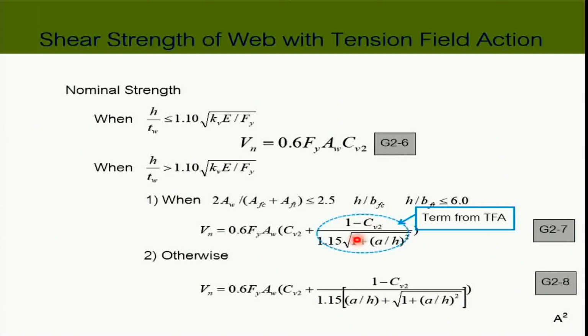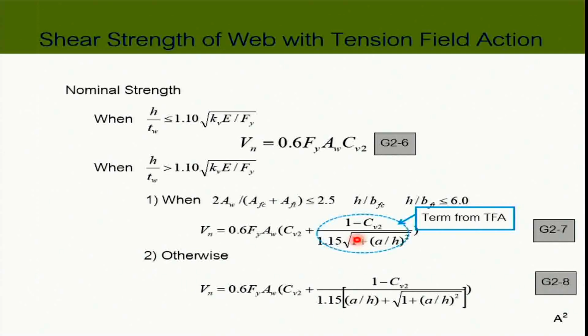And you can see that if you look at this formula, if I erase this, it's the same, right? It's 0.6 Fy multiplied by the area then CV.